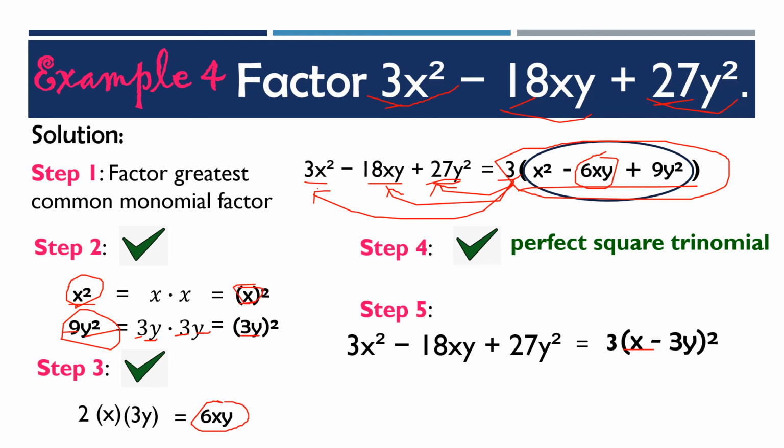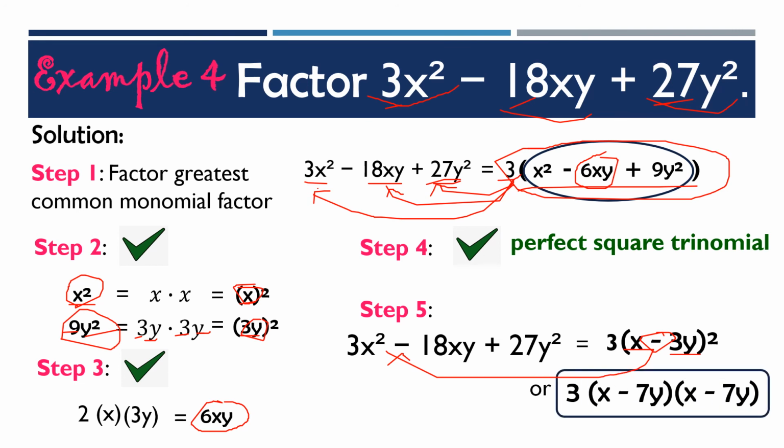And where did we get 3y? It is the square root of 9y squared. And we copied the operation from the expression, which is minus. We can also write it down as 3 times the quantity x minus 3y times x minus 3y.